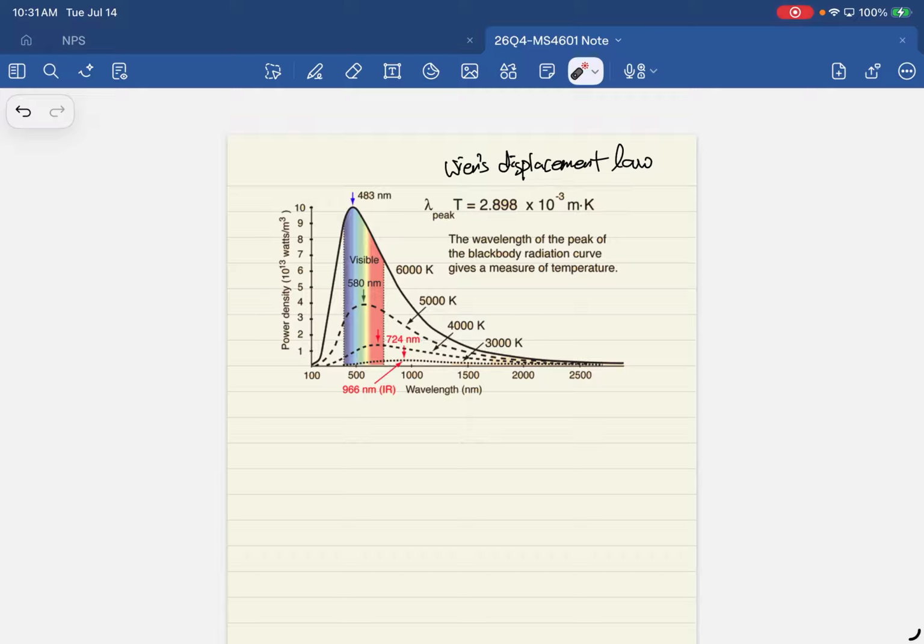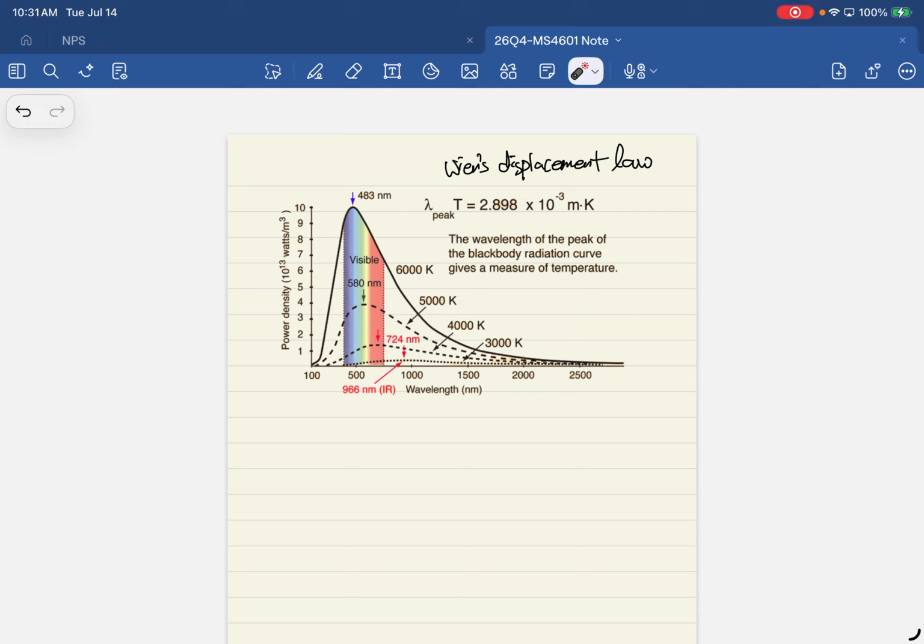So this lambda peak, the wavelength of the peak of the blackbody radiation curve, times the temperature of the blackbody is just a constant. What that means is that as you increase the temperature of a blackbody, this lambda peak, or the wavelength of the peak value, decreases, right? Or as you decrease temperature, this lambda peak increases.